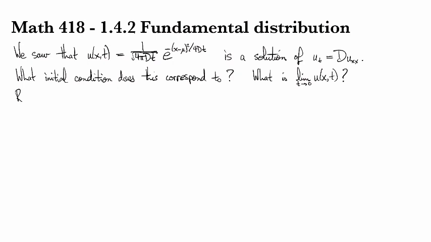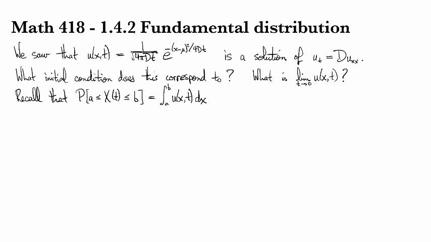So recall that the probability of finding x at time t between a and b is given by the integral from a to b of this solution that we found before.